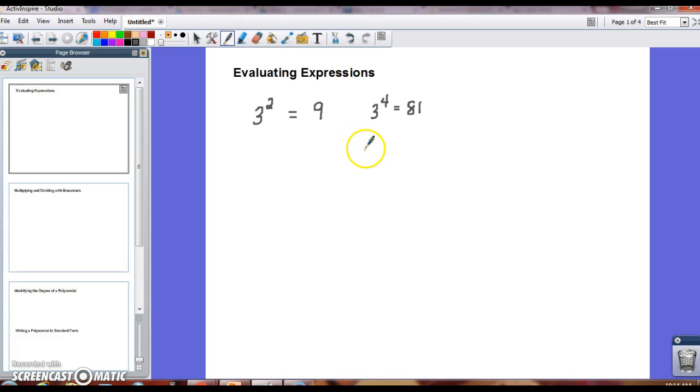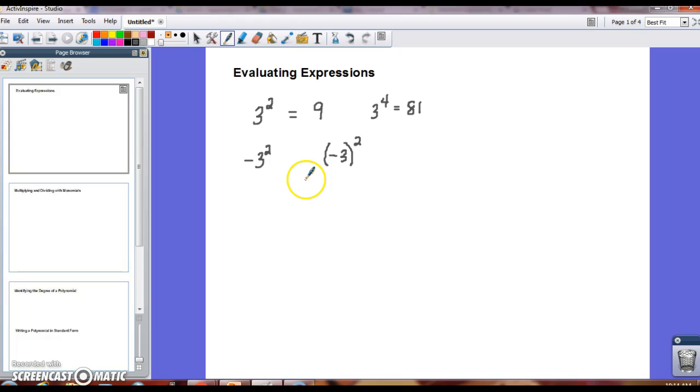But a couple of things that I want to make sure that we're clear on. There is a very big difference between negative 3 squared and negative 3 squared. These two are very, very different. Visually, they're different because one has parentheses and one doesn't.